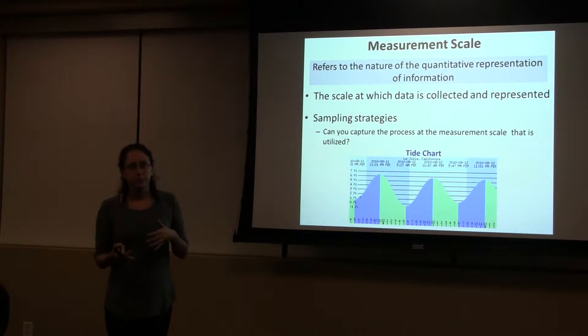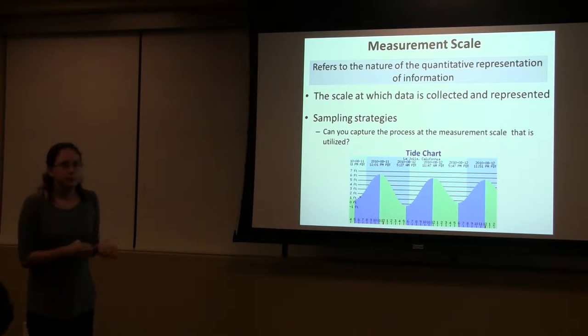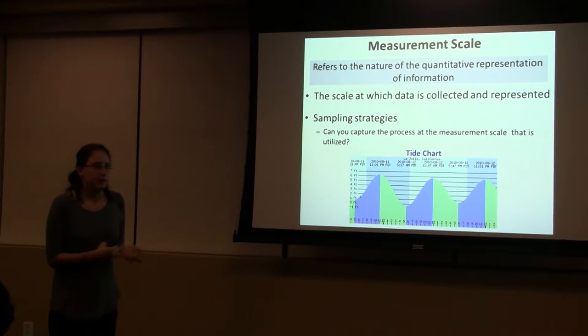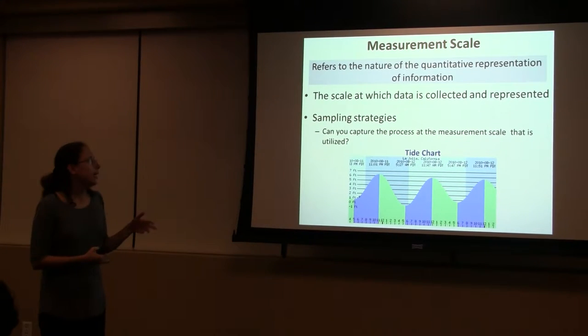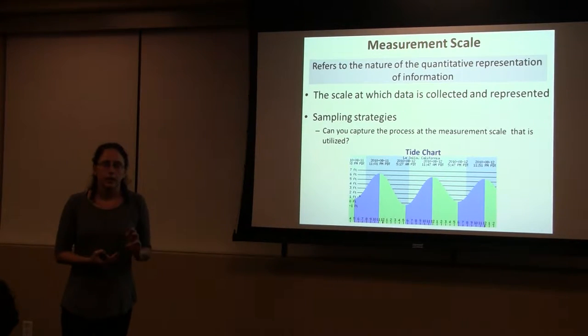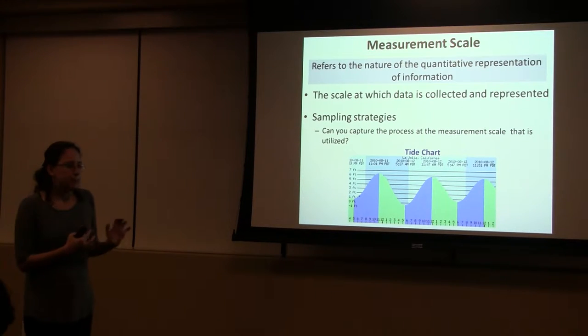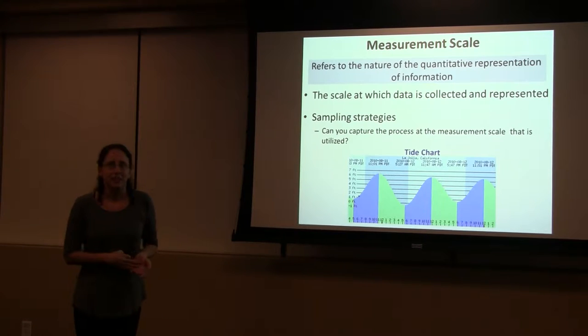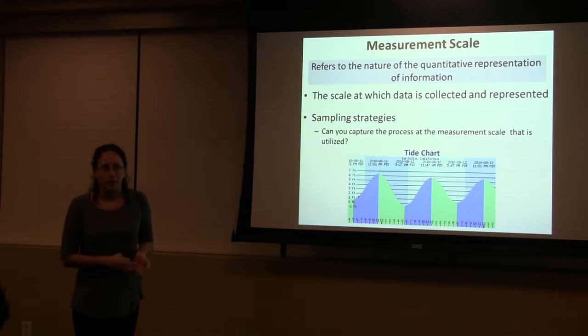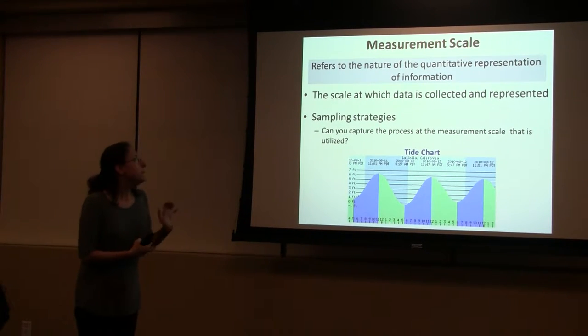When we talk about measurement scale, now we talk about the quantitative representation of information. We are the ones who choose the measurement scale, and we are often limited by the type of data collection devices that we have available, and also by our budget when we go and perform fieldwork.